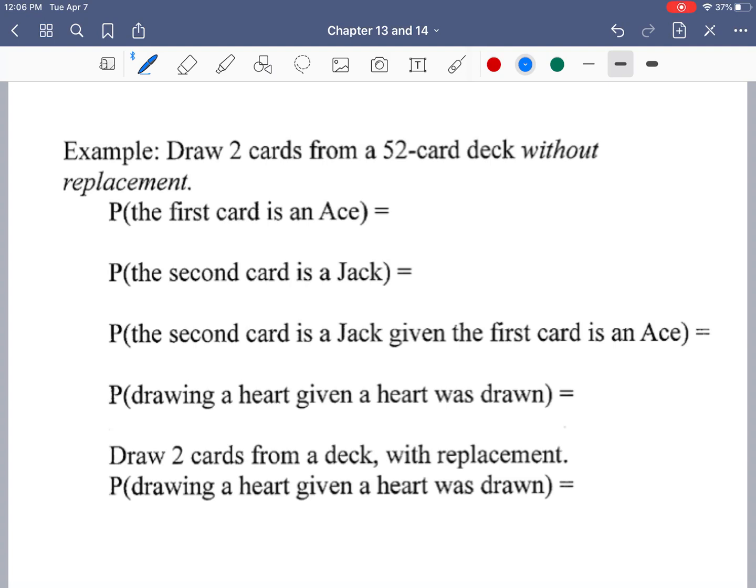Now let's say you draw 2 cards and you're doing it without replacement. So I want to know the probability that the first card is an ace. We just did that, 4 out of 52. Now I want to know the probability the second card is a jack. This doesn't tell us the first.